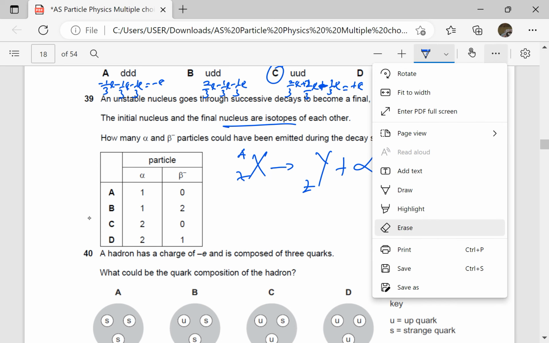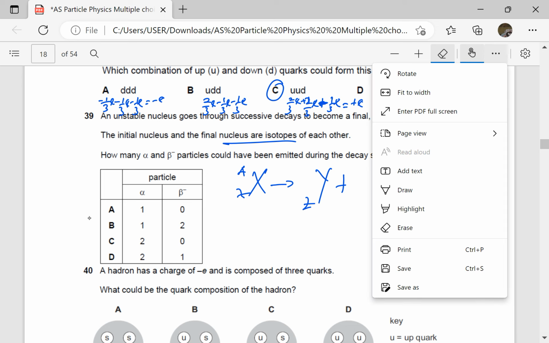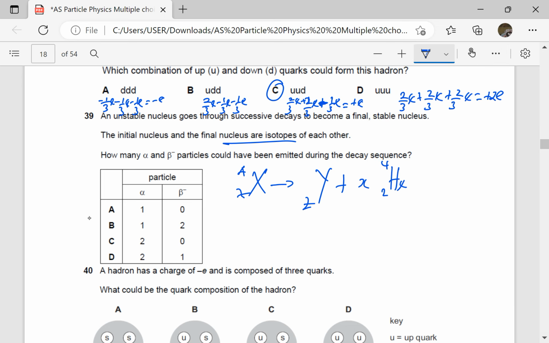Let's say the number of alpha particles is X, plus beta minus. Beta minus is 0, -1, that is Y. If Z remains the same, it means Z is equal to Z plus 2X minus Y, which means Y is always going to be twice X.